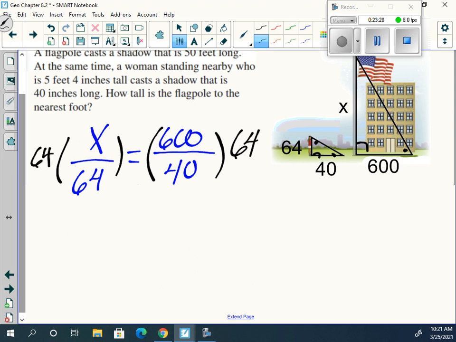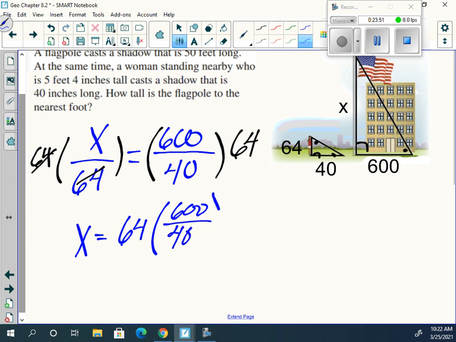We multiply both sides by 64. Now, we don't have to worry about squaring it because since we're not dealing with area, you don't have to worry about squaring. But 64 and 64 will simplify. Because x is equal to 64 times 600 over 40.